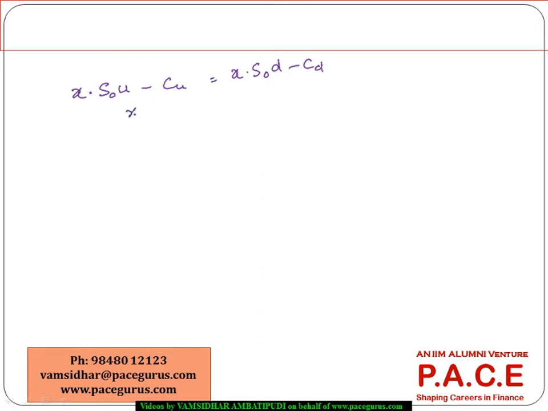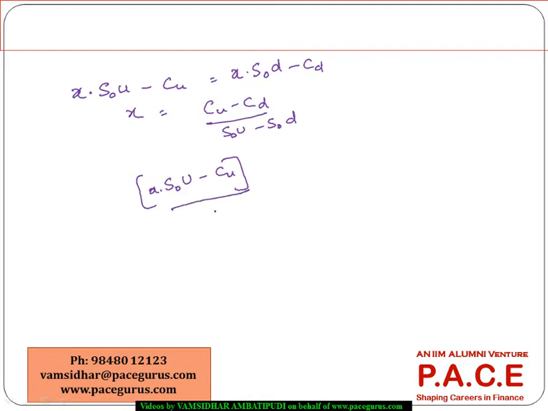So from here we have arrived at X being equal to CU minus CD by S naught U minus S naught D. Fair enough, I can simplify it. But at the same time, if I am looking at the worth of the portfolio just in terms of X itself, the worth of the portfolio is X times S naught U minus CU, right? And this would be the same irrespective of whatever happens to the stock price.